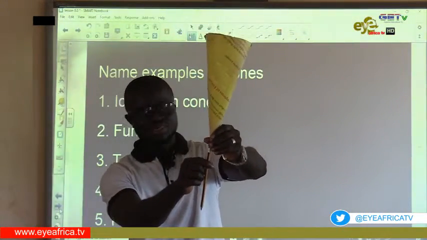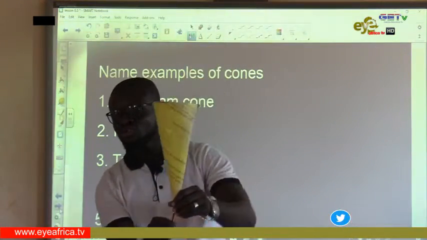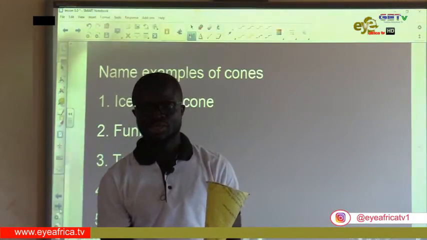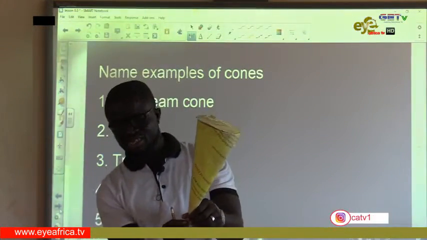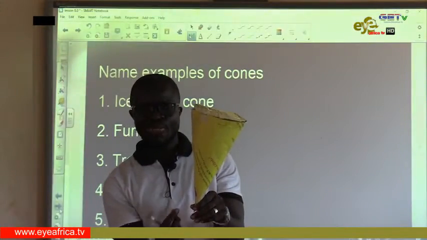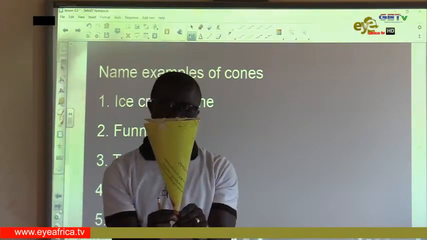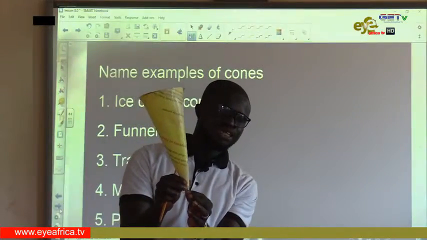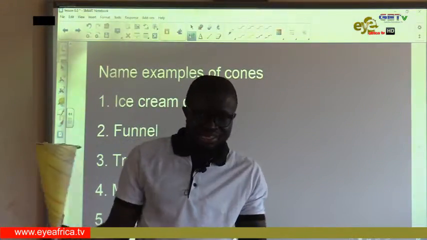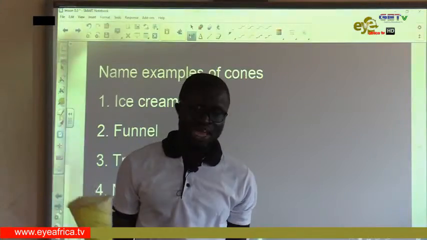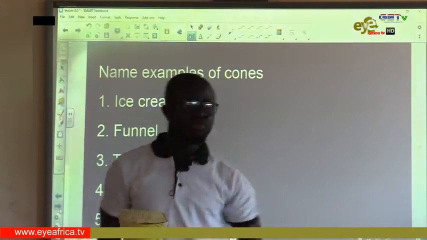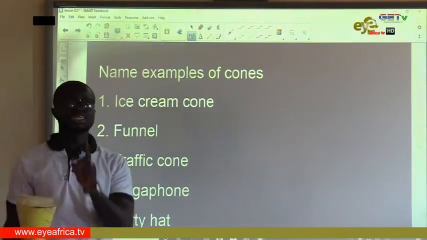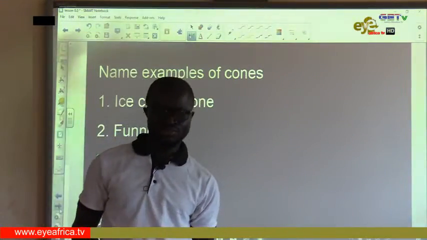The vertex that is used to transfer liquids from one container to another. If that is removed and the round or the curved surface is put together to form a sharp tip called the vertex, is that not a cone? So like I said, to some extent we can name the funnel as an example of a cone at the level that we are, please.